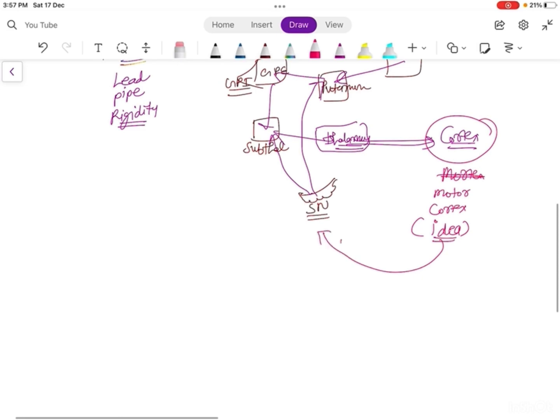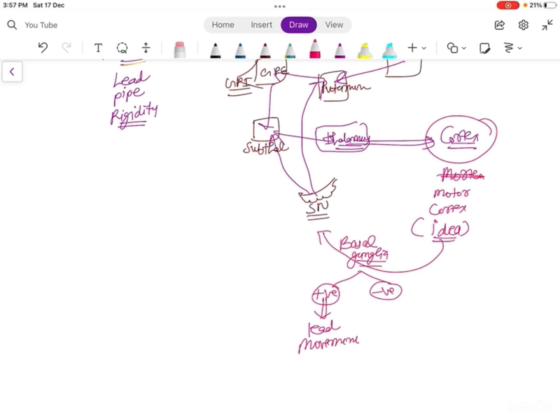Then it goes towards our basal ganglia, and we have two types of circuit. One is positive and one is negative, which means the positive circuit will eventually lead to movement of the muscle, and the negative circuit will stop or will not be able to perform that particular movement, right?